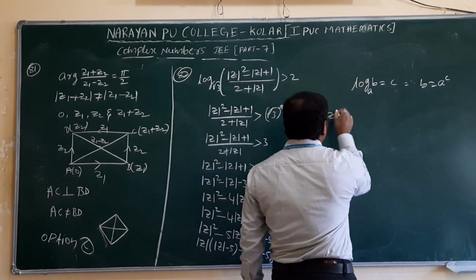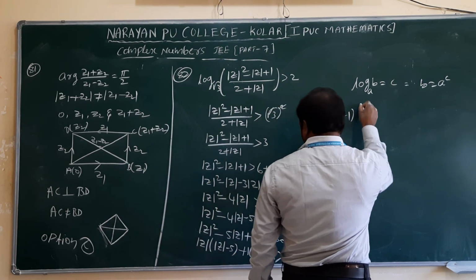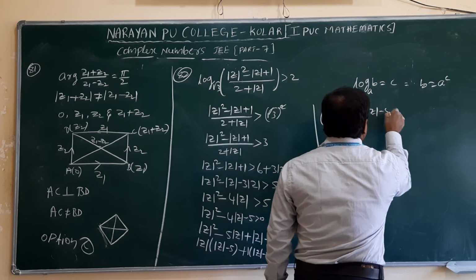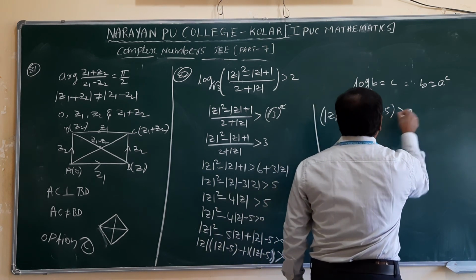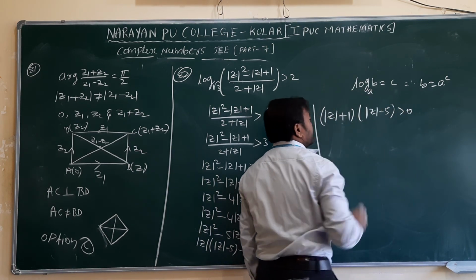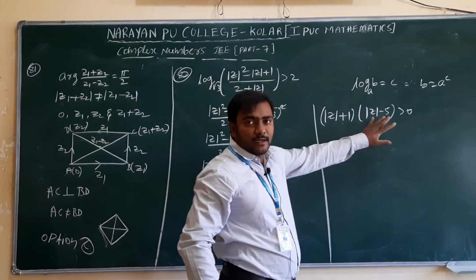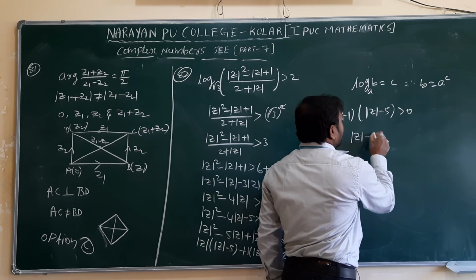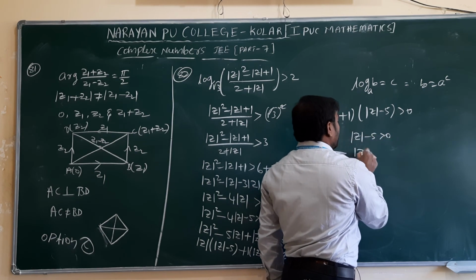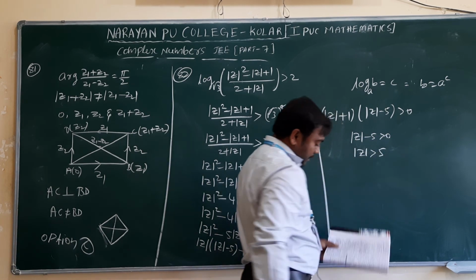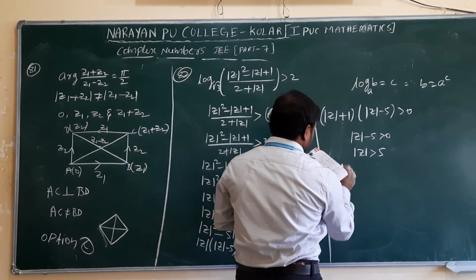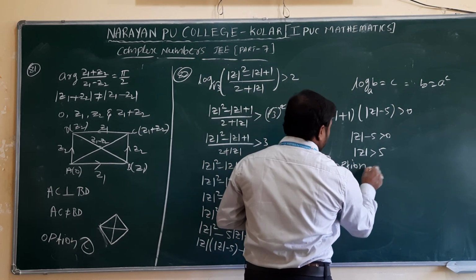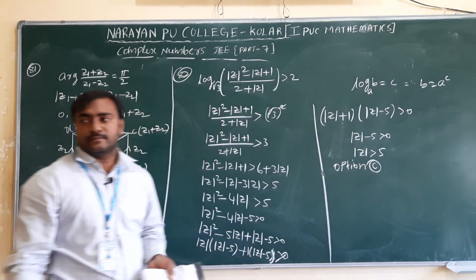Now (modulus of z plus 1)(modulus of z minus 5) greater than 0. Modulus of z plus 1 is always greater than 0, so modulus of z minus 5 is greater than 0, so modulus of z is greater than 5. Here option C is the correct option.